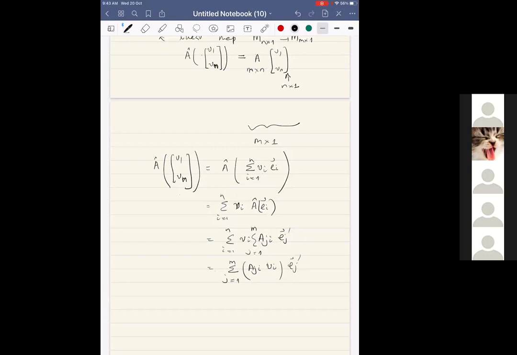So what does this say? This says that this is equal to the following column vector of length m.